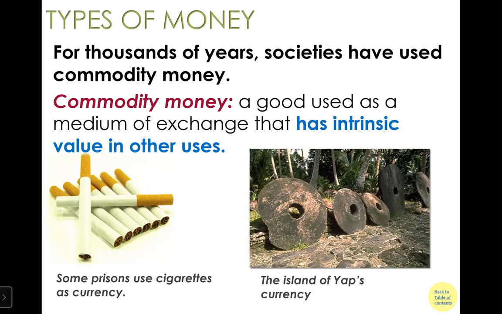But from here, we can see commodity money has its shortcomings. For example, it's not infinitely divisible, so it becomes difficult to measure the value of goods and services, or it's not a perfect unit of account.